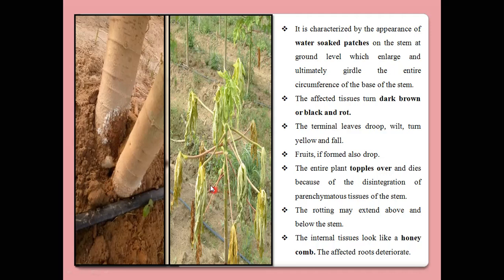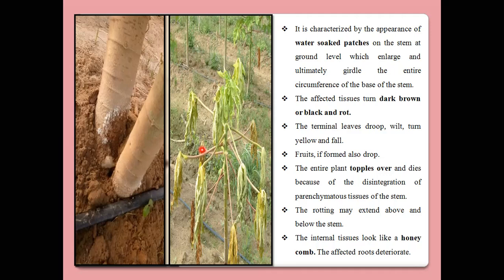Just to see these infected plants, the leaves produced are yellow in color, or after some days the leaves dry, and a number of leaves are defoliated from the plants.